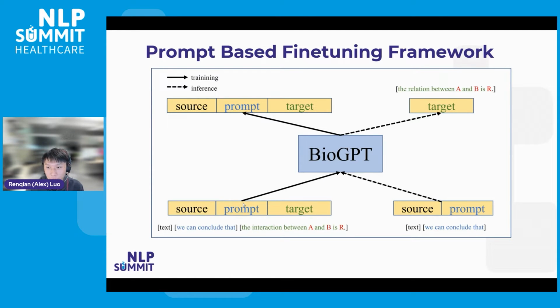And then we use the pre-trained BioGPT model to fine-tune on this whole sentence. And after fine-tuning, we can do inference with this fine-tuned model by inputting the source text and the prompt we have provided, and then the model is able to generalize to generate the answer.